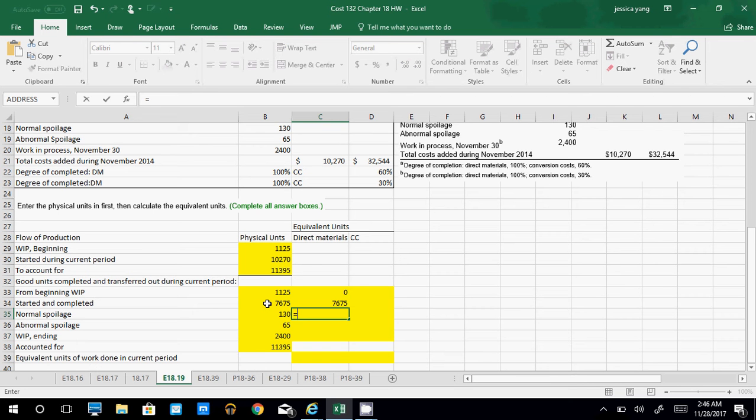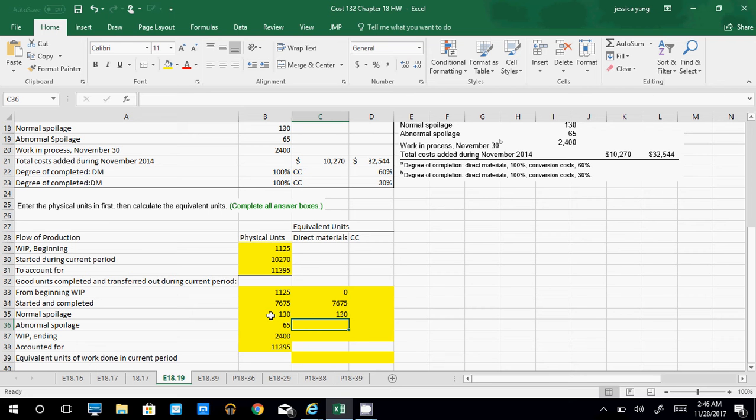To get the equivalent units for direct material for normal spoilage, we take 130 units in the physical units and multiply that by 100%, and also get 130 units.